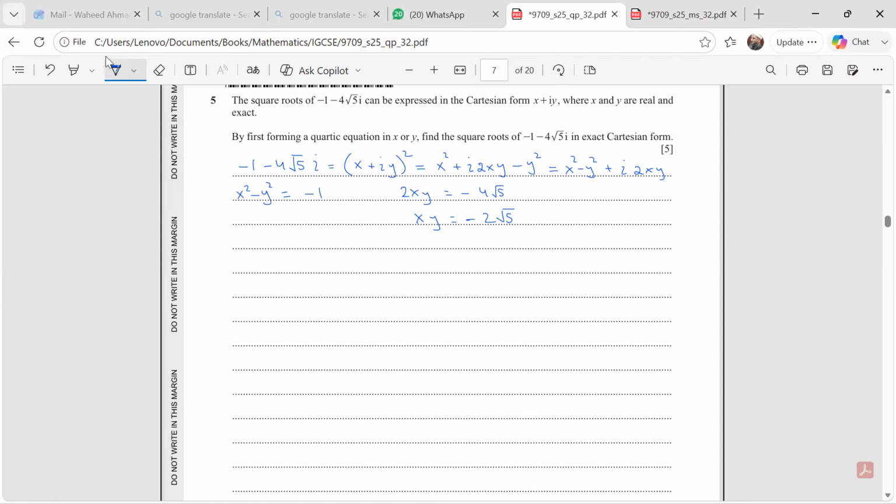From here you can see that x squared is equal to y squared minus 1, so x is equal to plus minus under the root y squared minus 1.